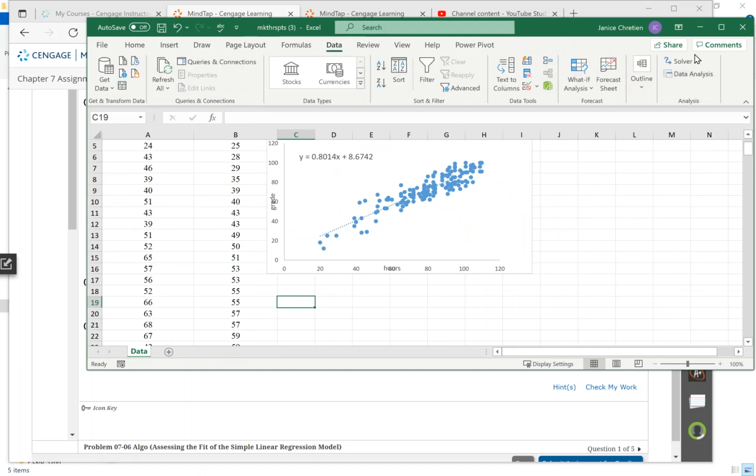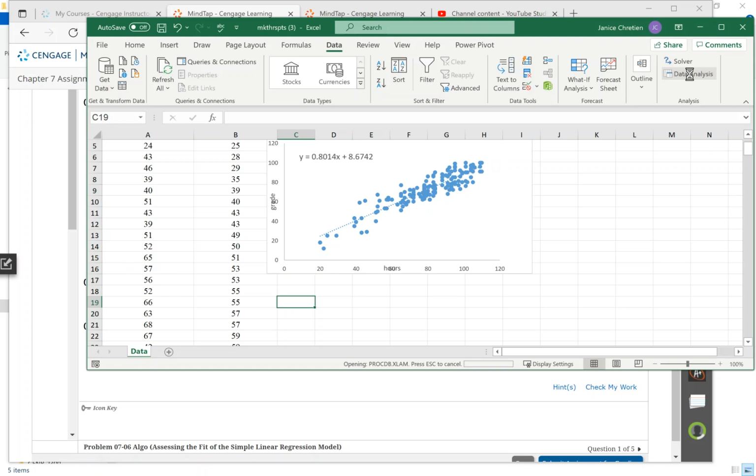Now, here's a note that if you do not have the data analysis over here in the analysis column, then you need to do the add-in. It's a free add-in, but Excel doesn't automatically load it up. So if you've never used data analysis before, you need to go right now, stop, and add that in. The directions to do that are in your text.